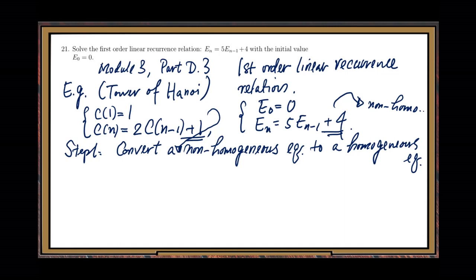So we derive a new recurrence relation without the non-zero constant term. You just look at the video for D.3 of module 3.